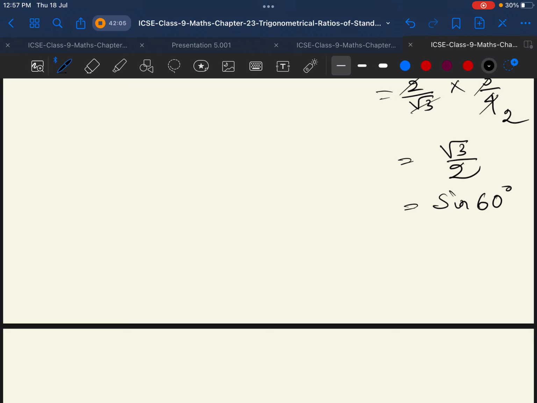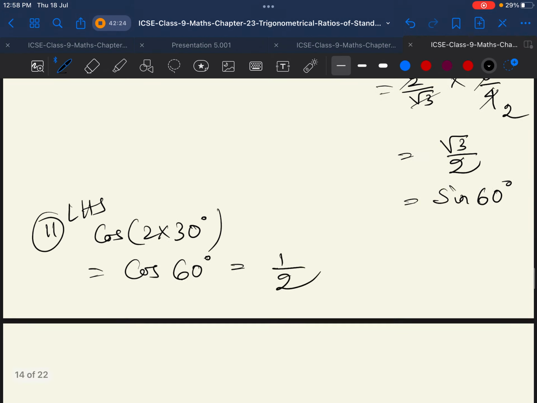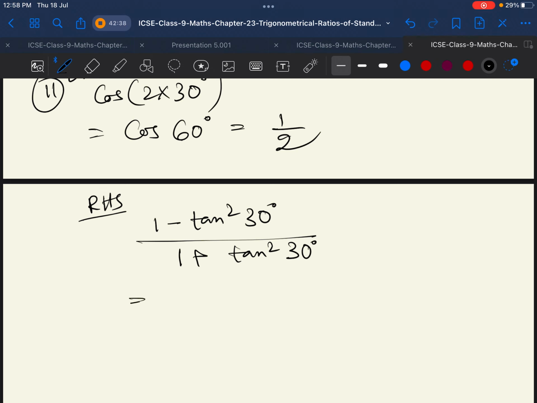Now question number 2. Cos of 2 into 30 degree. Okay, left hand side, so we can write cos 60. Cos 60 we know is 1 by 2. Now right hand side is here 1 minus tan square 30 degree by 1 plus tan square 30 degree.